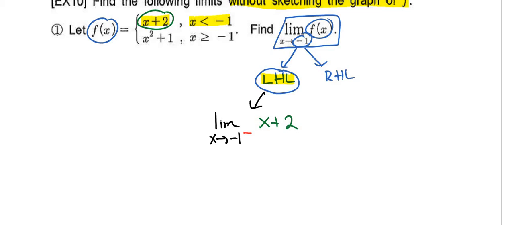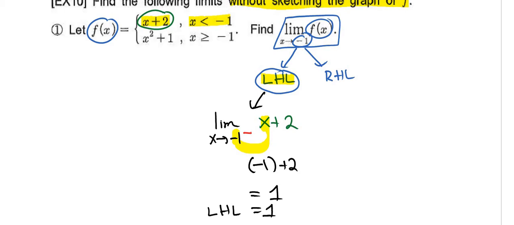This is not hard to evaluate. I take this -1 and insert it, a direct substitution because this is a linear problem. So I get -1 plus 2, which equals 1. So the left-hand limit is equal to 1.